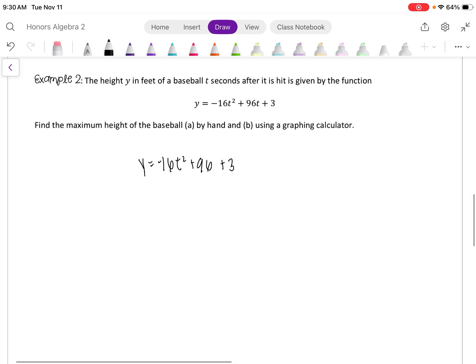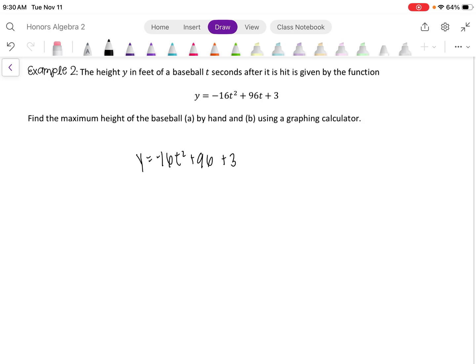So with that, I'm going to ignore that 3 for right now, and I'm going to divide out a negative 16 from the first two terms.